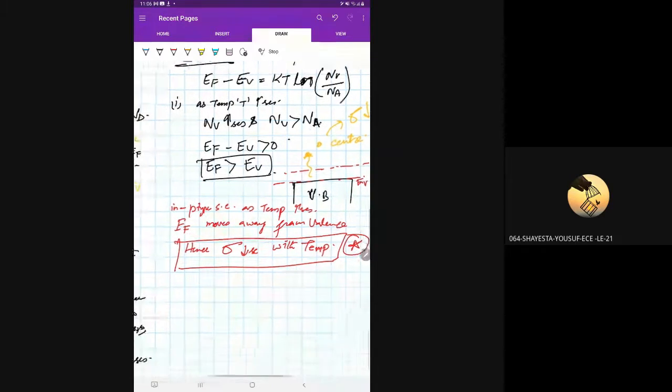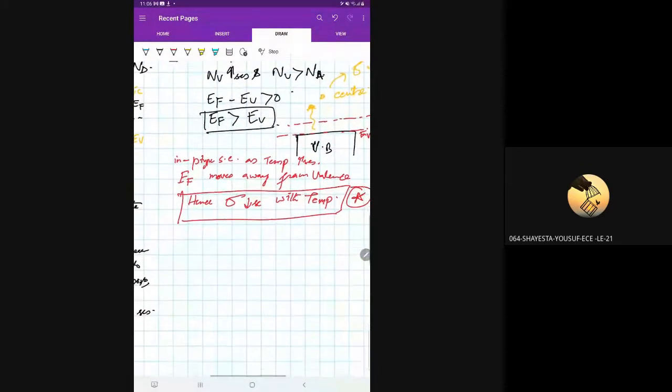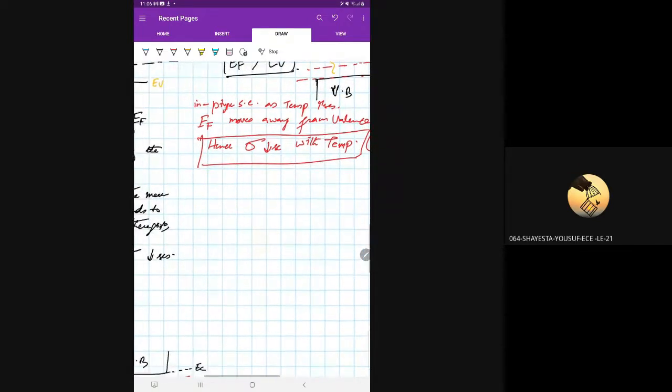And at very high temperatures, we know that the Fermi energy level will go into the valence band, just as we said for the n-type semiconductor. The same happens here.